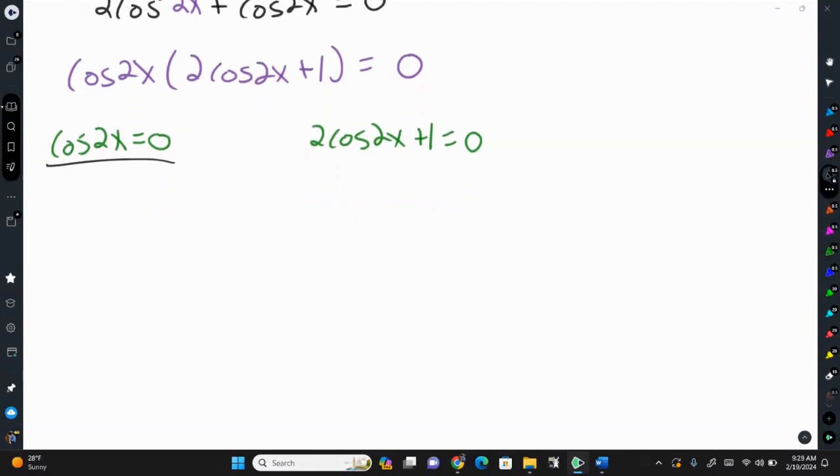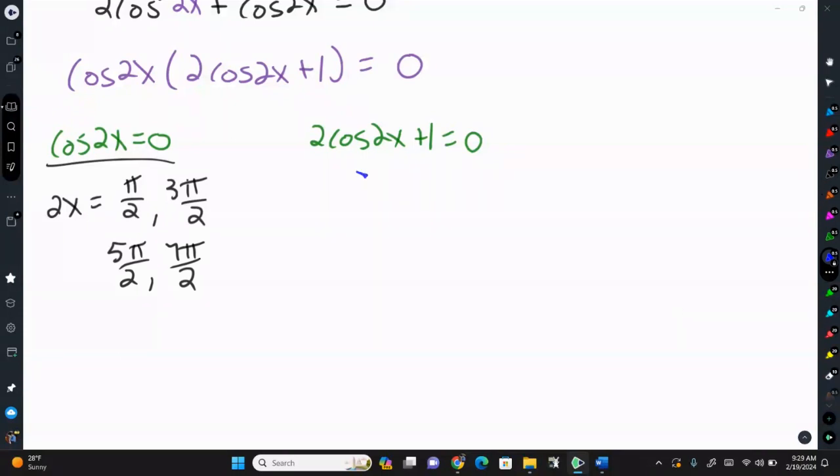So this one, when does cosine equal 0? Well, cosine is equal to 0 at pi over 2 and 3 pi over 2. But again, because we are going around the circle twice, we have to go to 5 pi over 2 and 7 pi over 2.